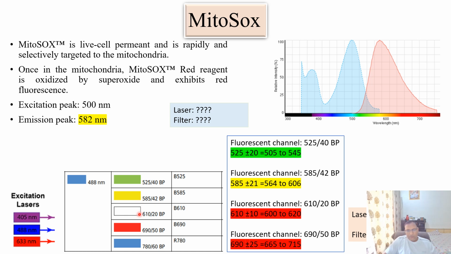Now come to the third filter. It is 610 plus minus 10, 600 to 620. You can also detect in this filter. So in both filters you can detect MitoSOX.